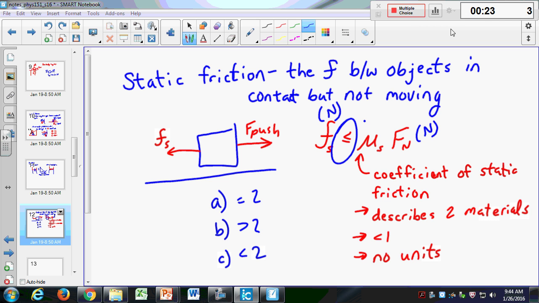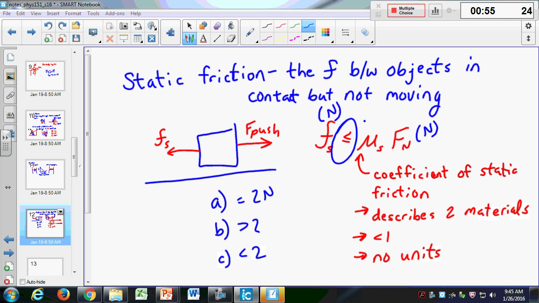A equal, B greater, C less than 2 newtons, as I'm pushing on it with a force of 2 newtons. Okay, all right, getting it.